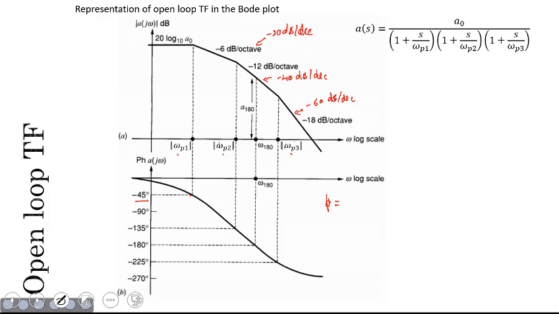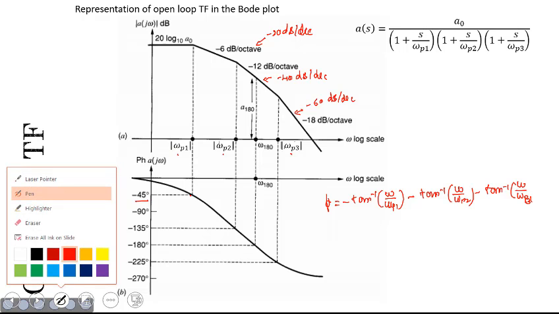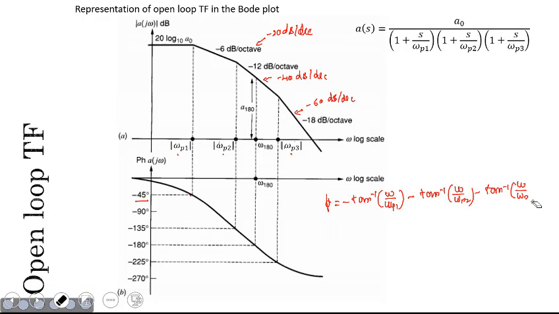The phase could be written as phi, and since all we have is just the poles, it would be omega divided by the pole location, right? I need to have 3 such components: omega divided by omega p2, due to the second pole, and the phase due to our third pole, which is given by omega p3.